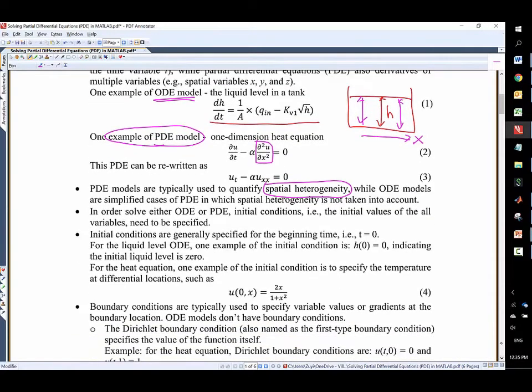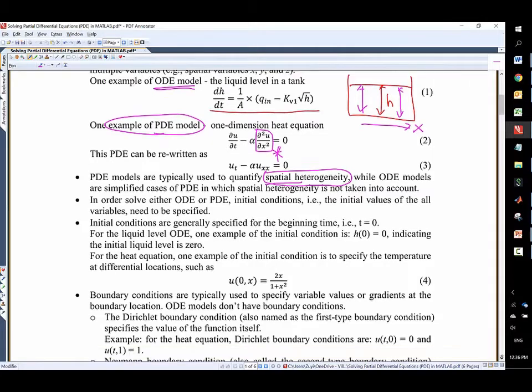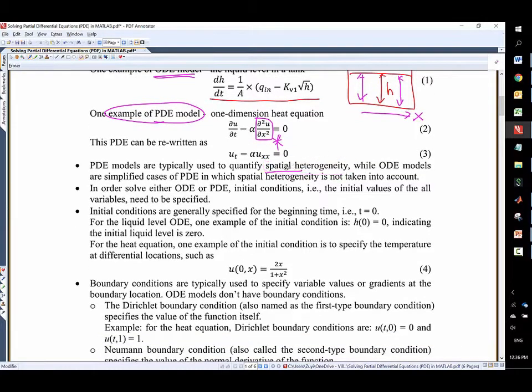PDE has the partial derivative over the space variable. Typically we could rewrite this one as ut, and this one as uxx, the second order derivative of u over x. So just keep this in mind: the difference between PDE and ODE is that in PDE we need to consider the spatial heterogeneity.